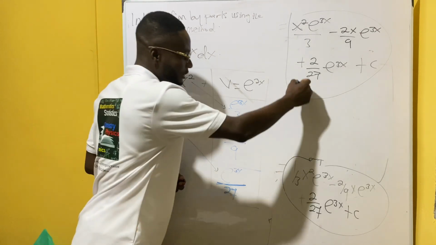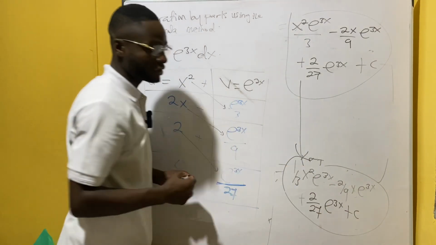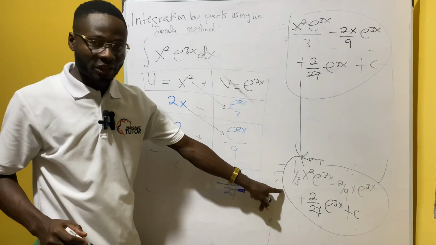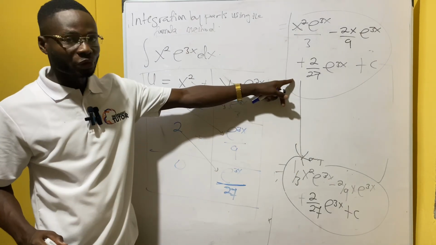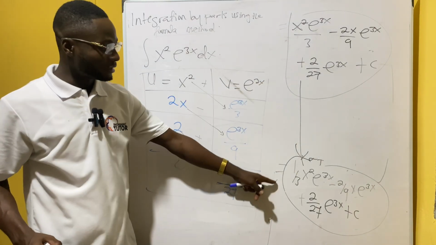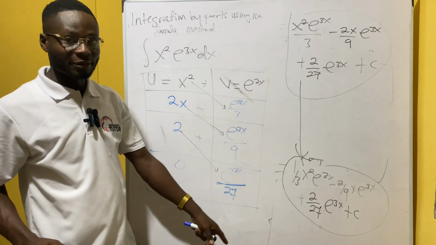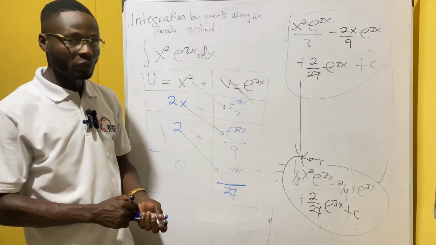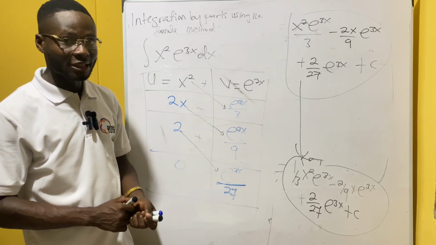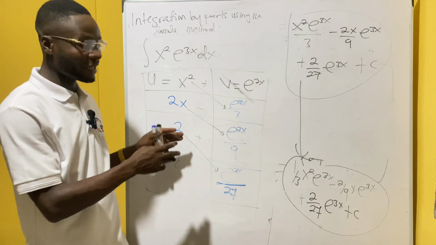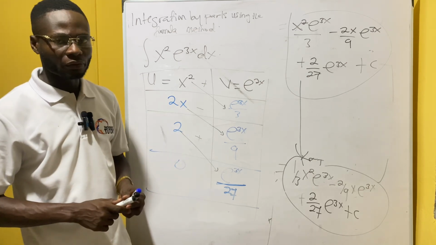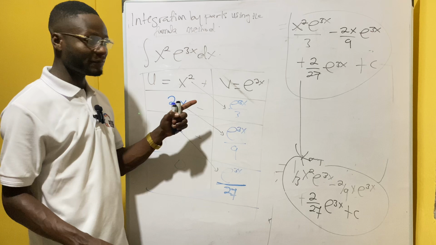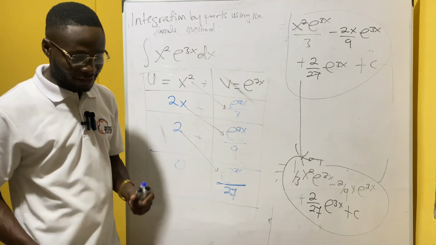This is when we use the formula approach, and this is when we use the tabular approach. You can see that we have the same solution. There must be no difference. It must be the same if only you apply the signs very well. So this is the fifth question. Let's move to the sixth question.